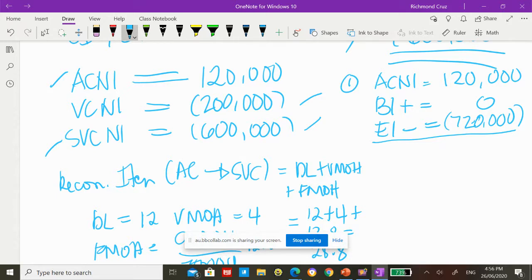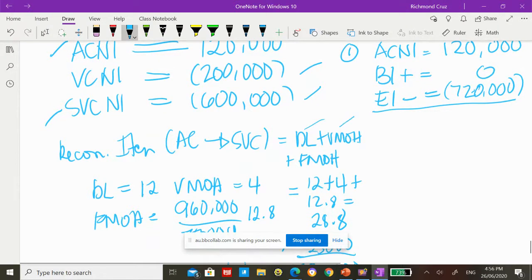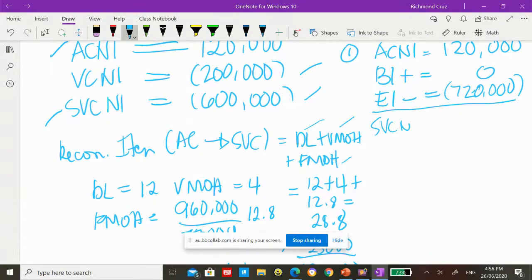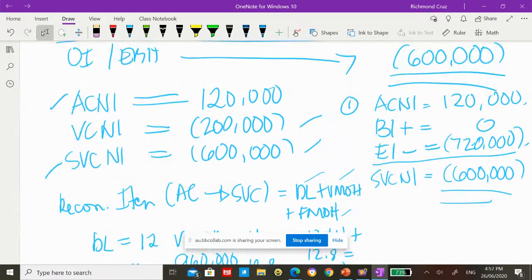In super variable costing, we only include the direct material as product cost, while for absorption costing, we also include direct labor, variable manufacturing overhead, and fixed manufacturing overhead. Therefore, the super variable costing net income is equal to negative 600,000. That is 120,000 minus 720,000, which is what we computed in the income statement.